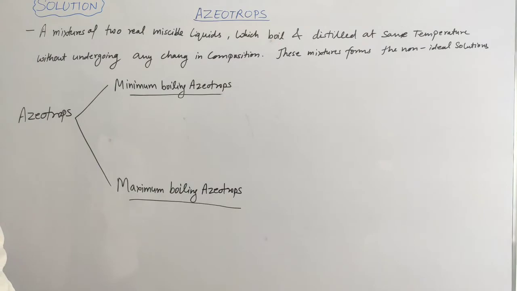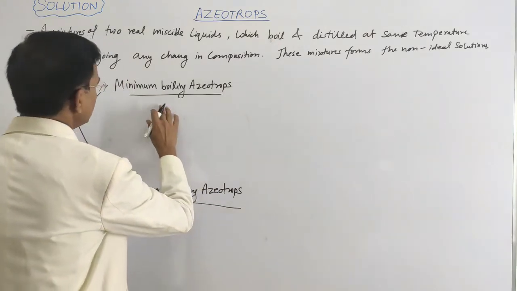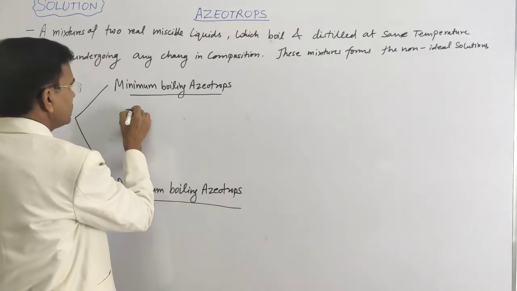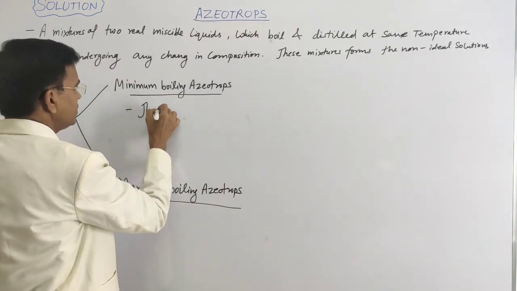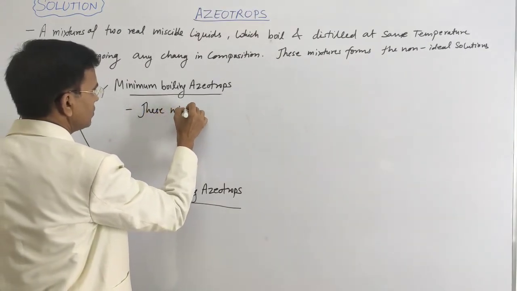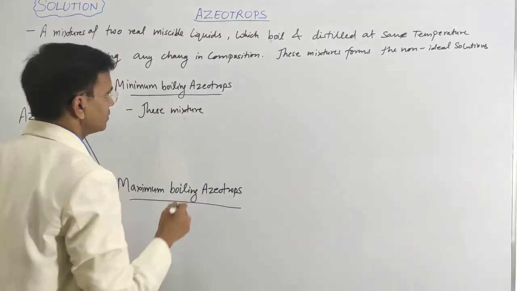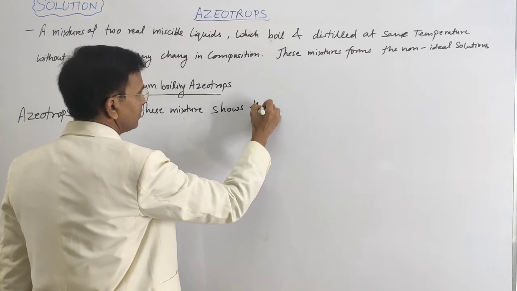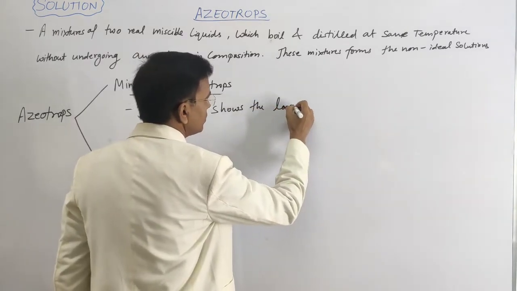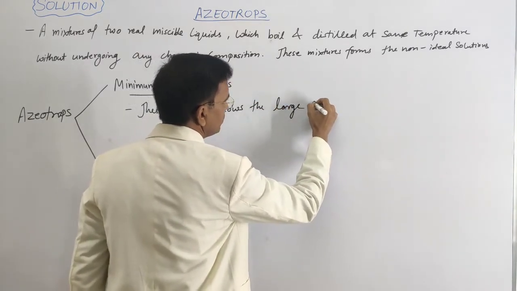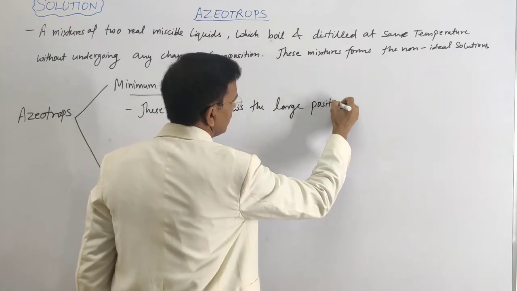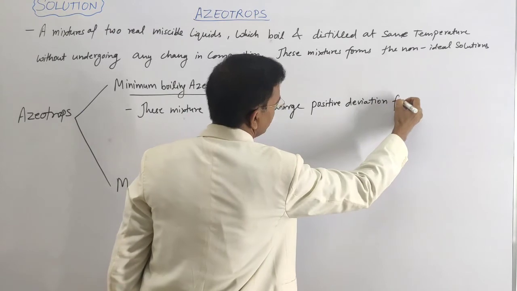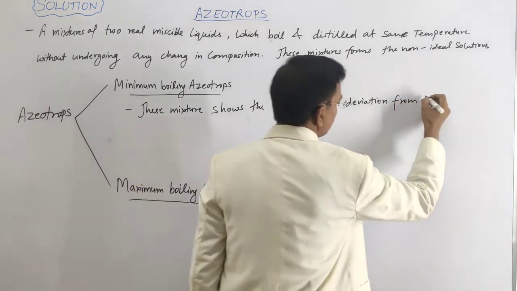The minimum boiling azeotropes show a large positive deviation from Raoult's law.